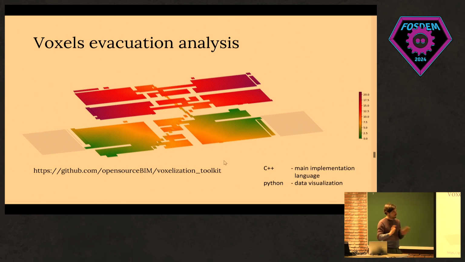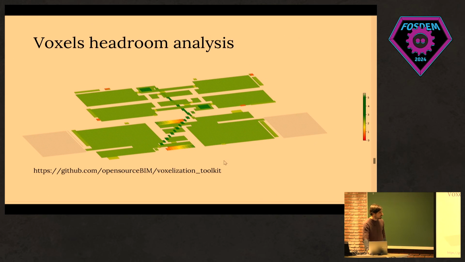And I'm not saying it's not possible on, let's say, regular polyhedra or BREPs. People have been doing that. But I came to really appreciate how trivial those kind of operations are on voxel grids. Same for the headroom, basically. It's the same kind of idea where I start from the 3D volumetric space interior that we can breathe in.